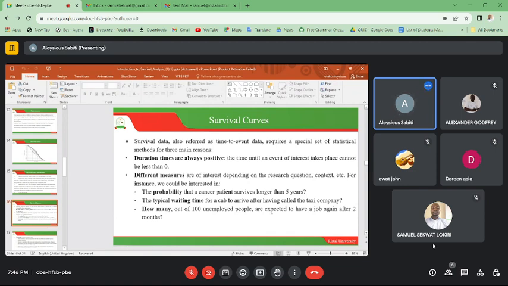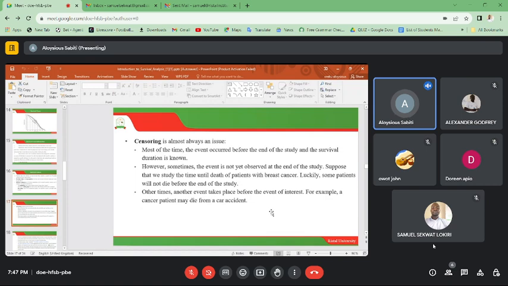Or we would want to look at how many out of 100 unemployed people are expected to have a job again after 2 months. So different measures are of interest depending on the research question. That is another reason we need to use specific statistical methods.